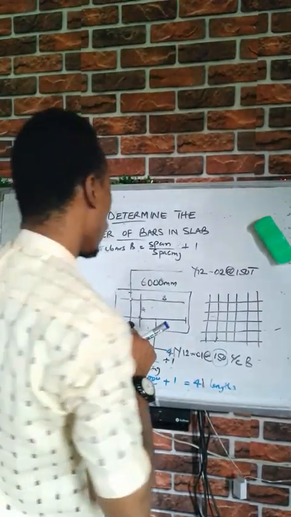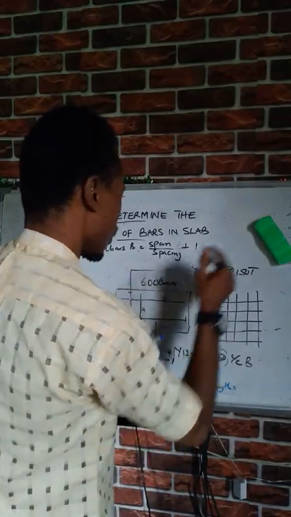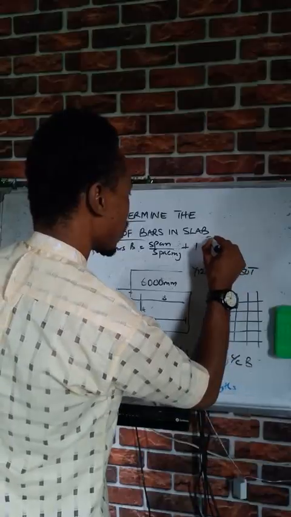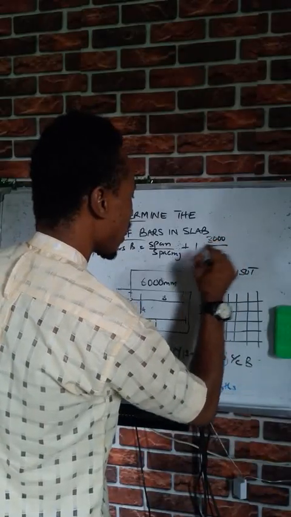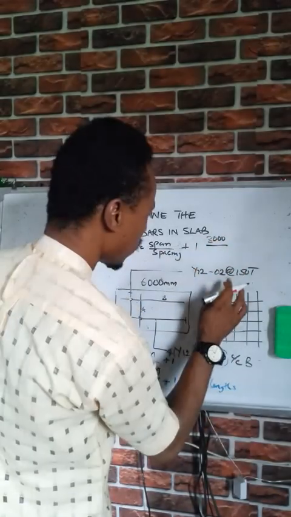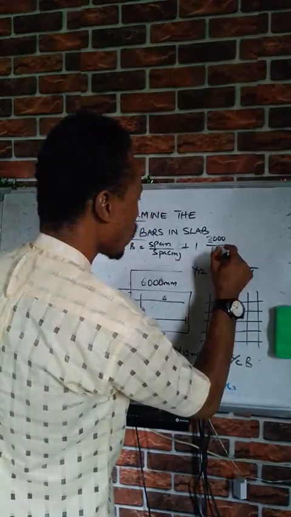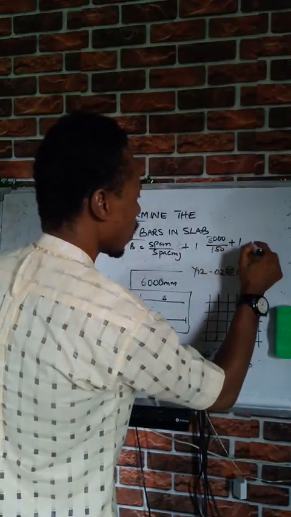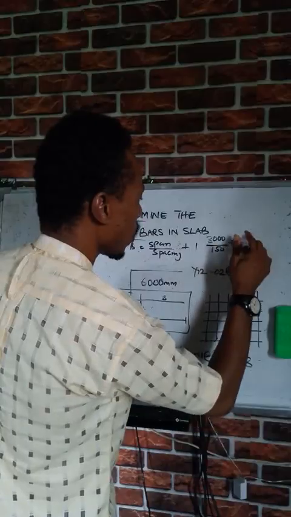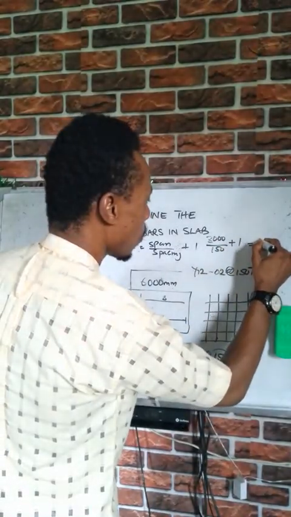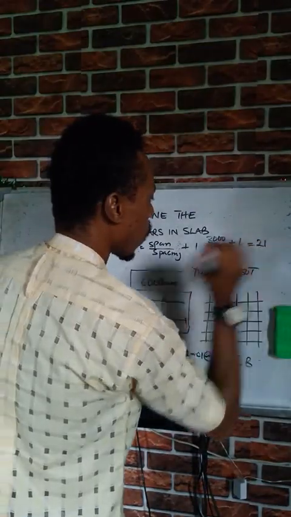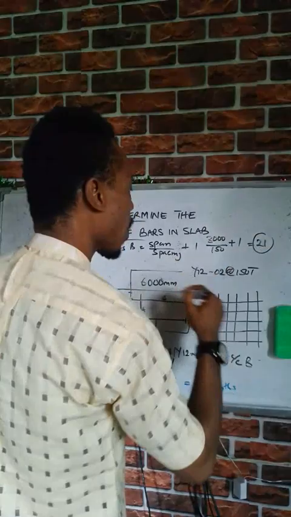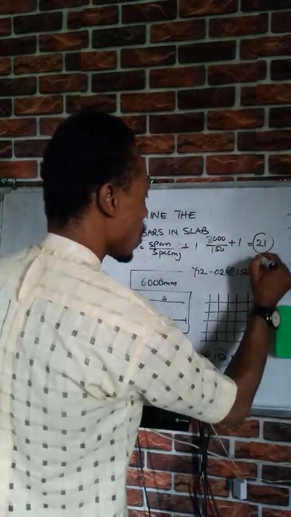So here now, we have 3,000 divided by the spacing, which is 150, plus 1. We have 20 plus 1, which gives you 21. So this 21 becomes the number of rebars.